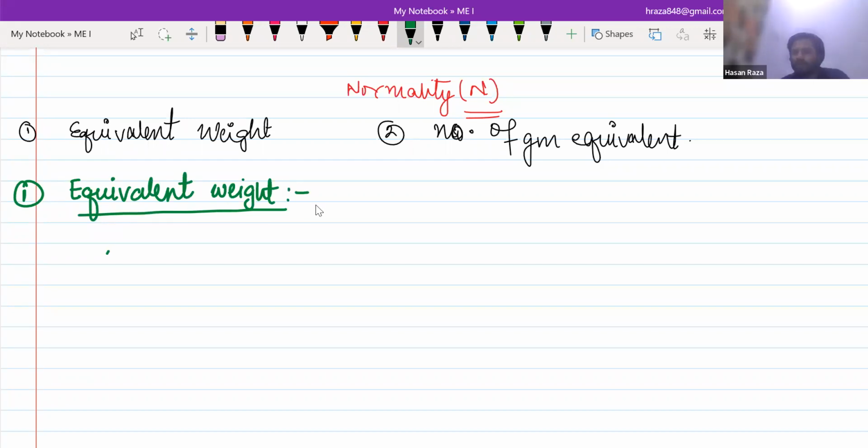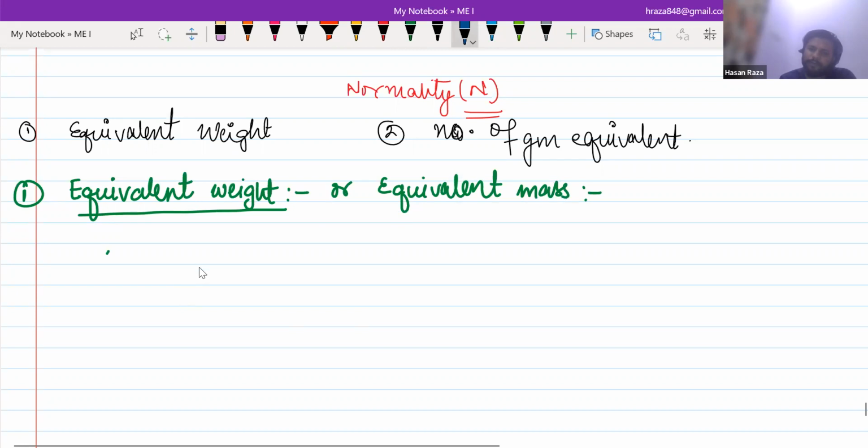So we are going to start with equivalent weight, or you can call it equivalent mass. Now, as you can see, equivalent weight has a formula.